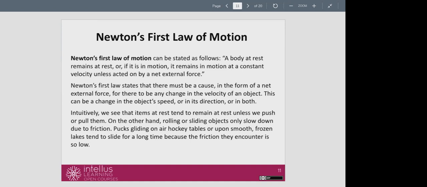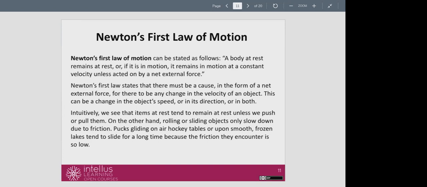Okay? And so Newton's first law states that there must be a cause in the form of a net external force in order to change the velocity of an object. And this can be a change in the object's speed or its direction or both.